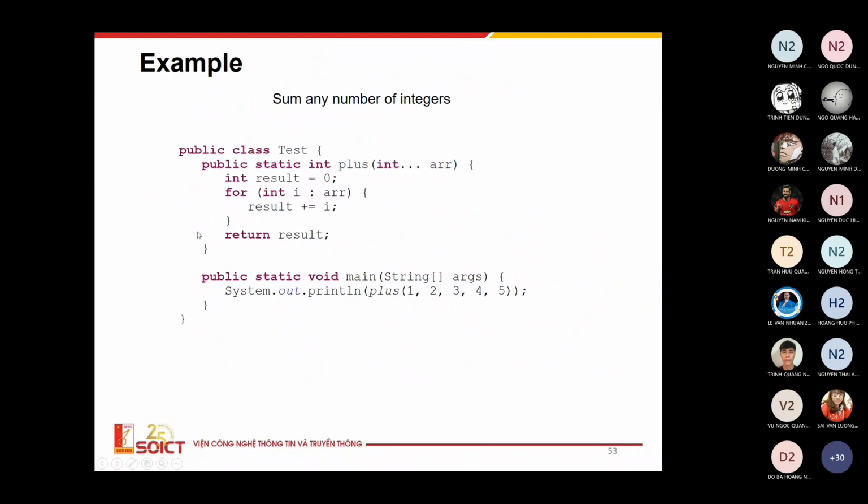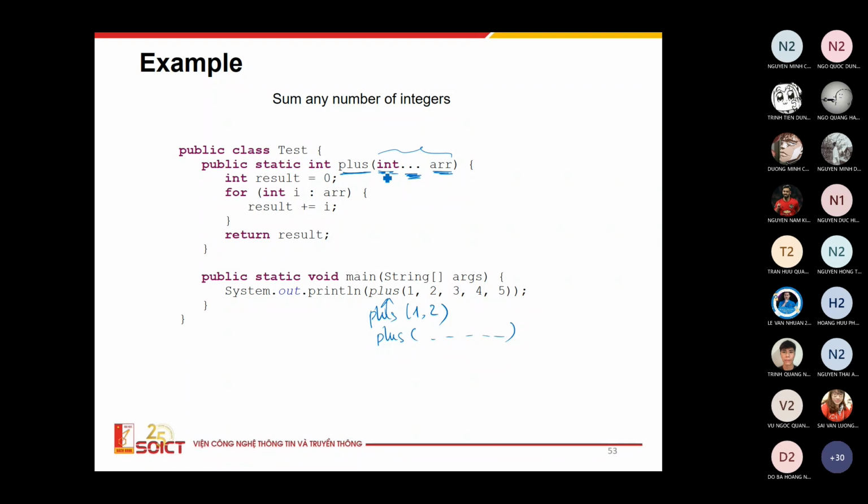For example, in this example, you have a method plus, and you don't know how many input parameters will come from the main method. So you just declare this input parameter as an array like this. In the main method you can pass 2 parameters, or you can pass more parameters like this.